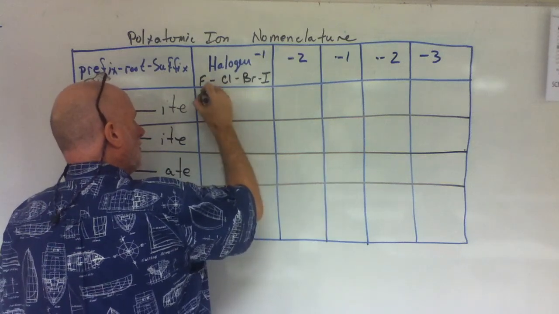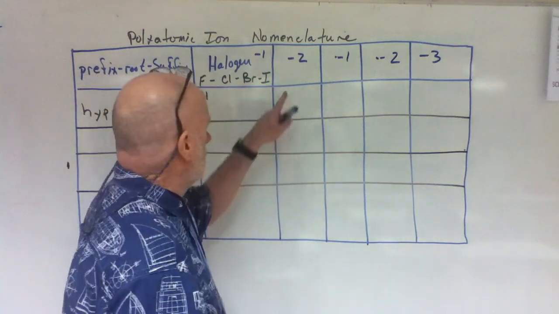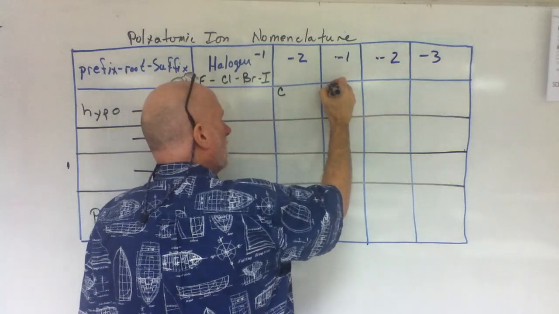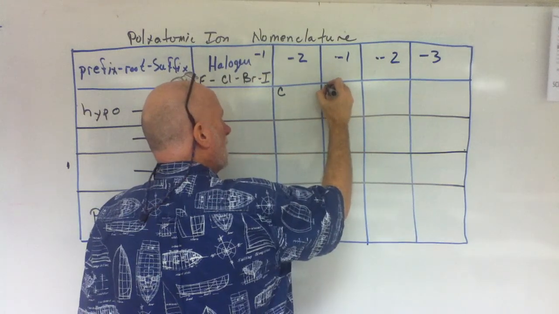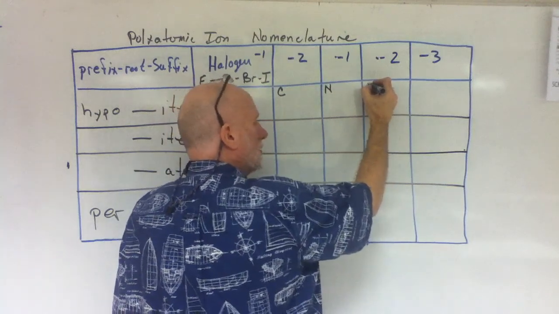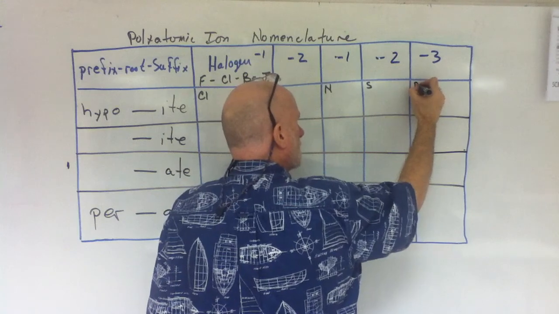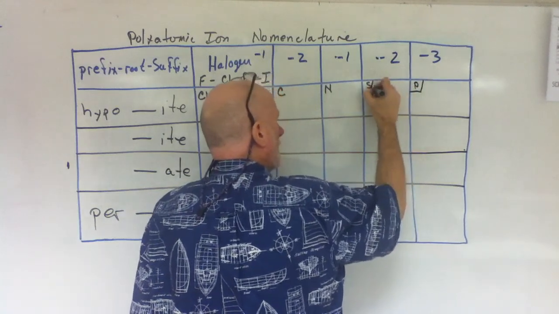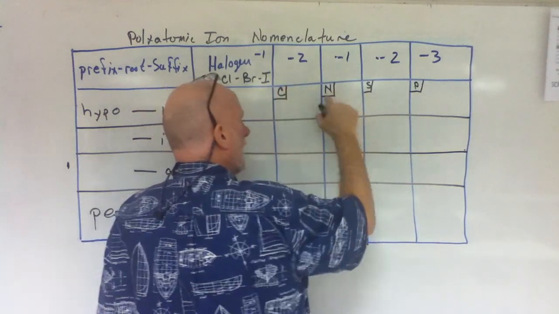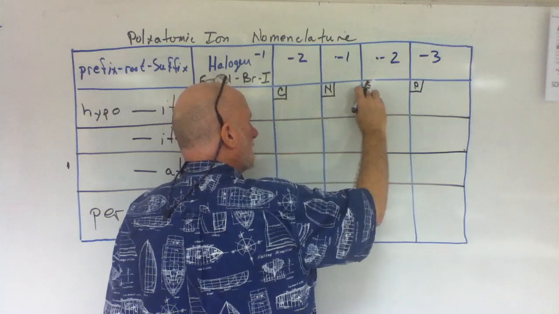Okay? Now, we're going to pick carbon. We're going to pick a halogen. We'll say chlorine. This is carbon. This is going to be nitrogen, this is going to be sulfur, and this column was phosphorus.